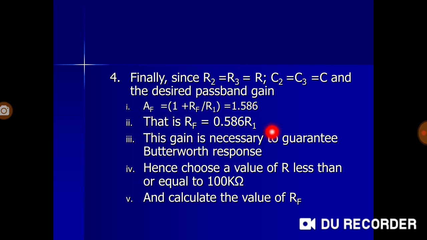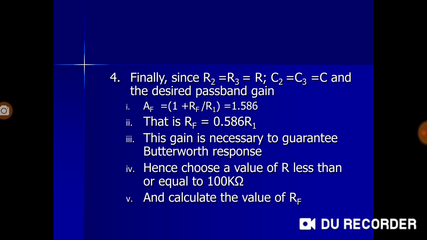Every time we just have to find the value of RF for a given R1. Like we assume R1 to be something, so RF has to be 0.586 times R1. That is how we ensure the Butterworth response and the passband gain of 1.586.